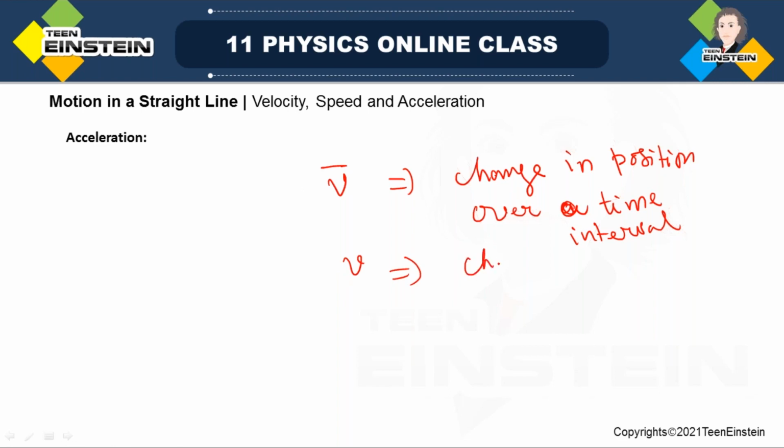It was giving you the change in position at each instant or every instant of motion.